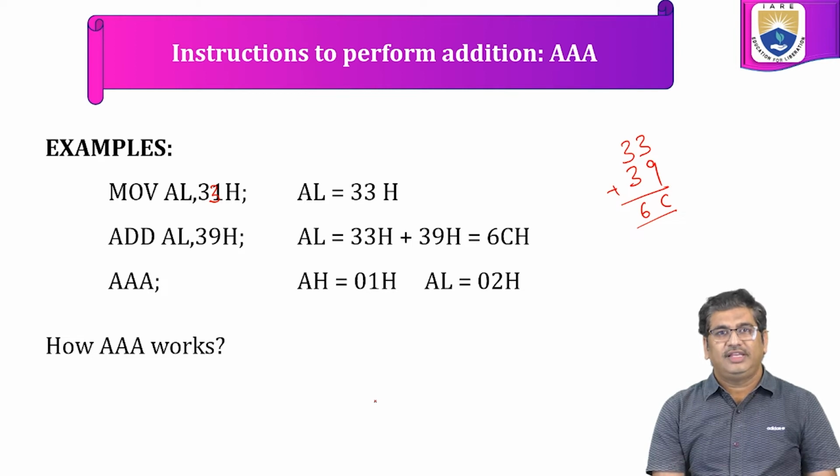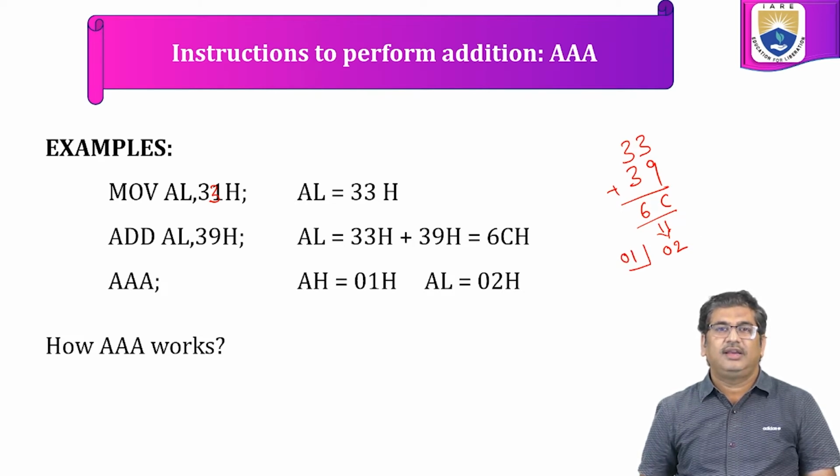Now we will see how this AAA instruction works. So in this example, the 6C after executing the AAA instruction results in 02H in the AL register and 01H in the AH register. Now we will see in detail how this instruction will be executed.